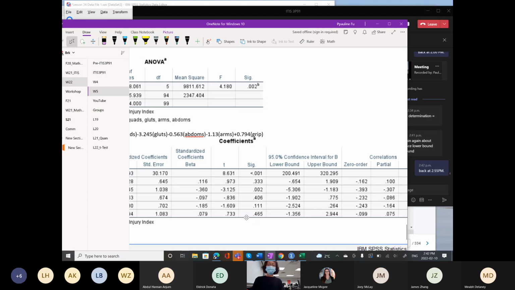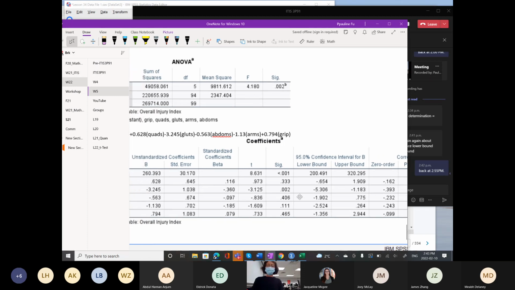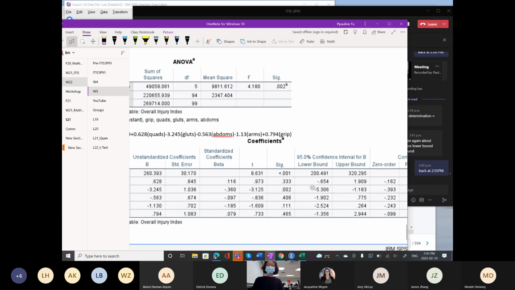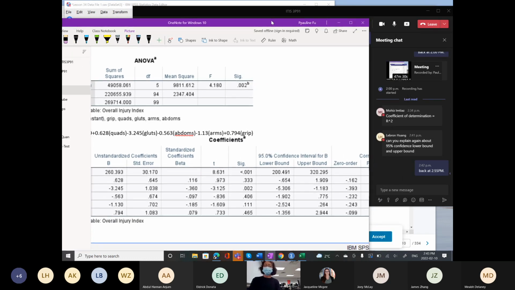It is not significant. Another example would be a confidence interval between negative 5.306 to negative 1.1. Zero is not inside this range. So it is significant. You can see the p-value 0.002 proves it here. It is just another way to show significant or not significant.